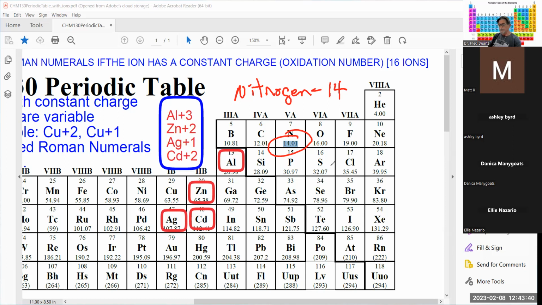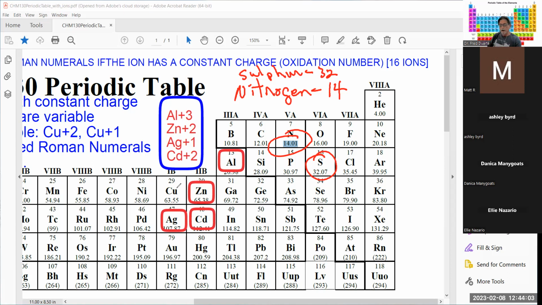If I were asked the question, what is the most common isotope for sulfur? What would I say? Well, I would write out sulfur-32. Exactly. That is the most common isotope for those particular elements.